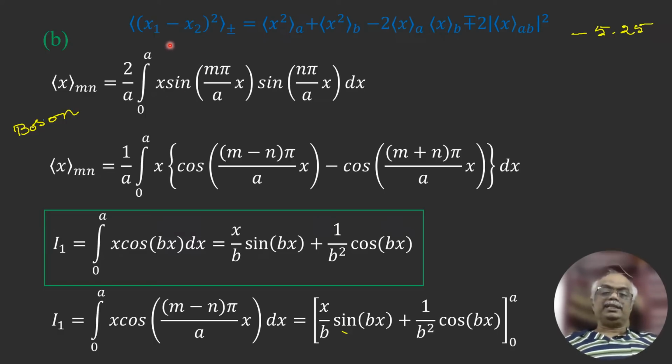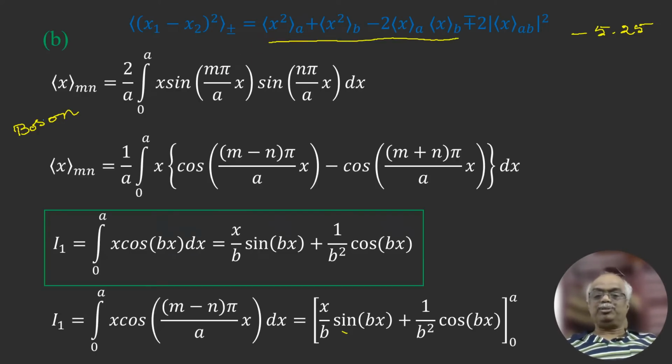Here you can see the expectation value of (x1 minus x2) whole squared is equal to the expectation value of x squared of particle A, plus x squared of particle B, minus 2 times the expectation value of x for particle A and x for particle B. Here you can see one extra term, minus or plus 2 times the magnitude of the expectation value of x between A and B, whole squared. The first three terms are for distinguishable particles, which we have seen.